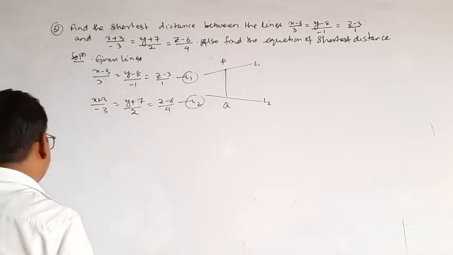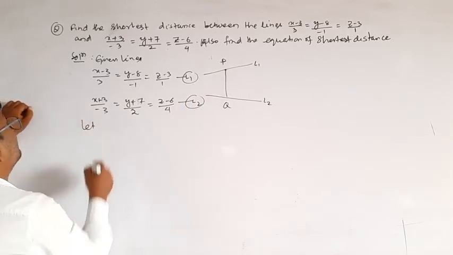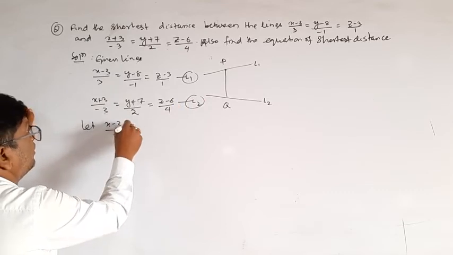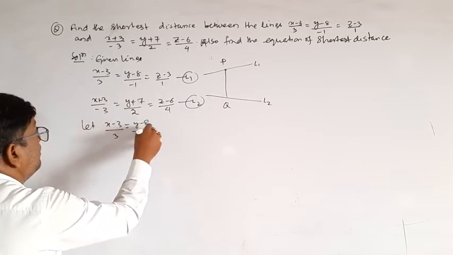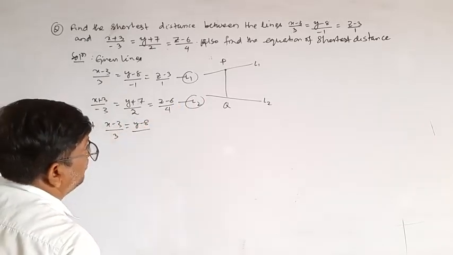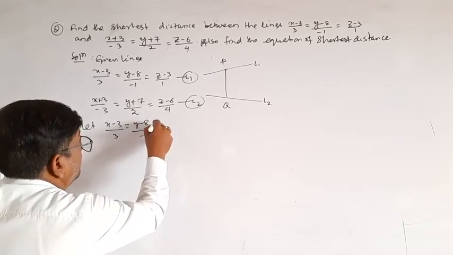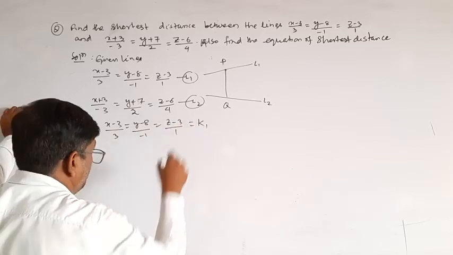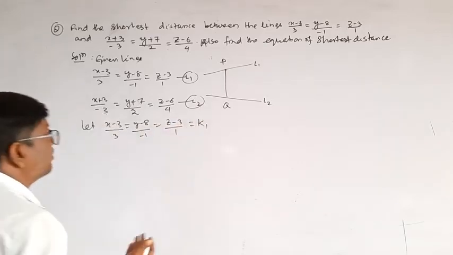General points. Let (x − 3)/3 = (y − 8)/(−1) = (z − 3)/1 = k1, or you can take λ1.